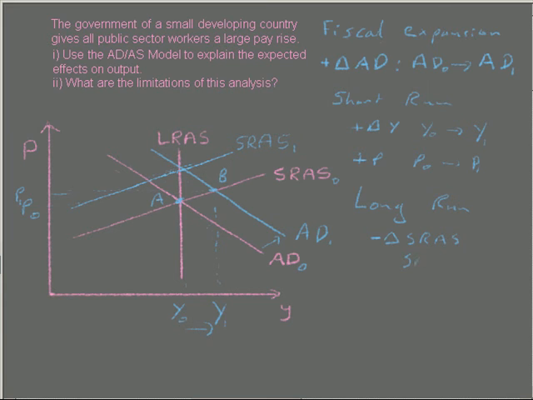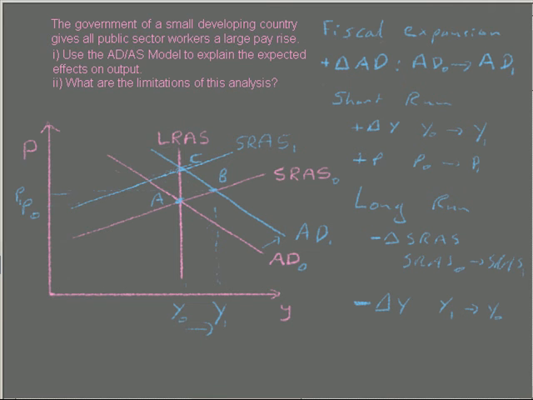So short-run aggregate supply 0 goes down to short-run aggregate supply 1, leading to a fall in output, because now demand is fixed at this high level. So we fall back to point C here, where Y has gone down from Y1 back to Y0 again.